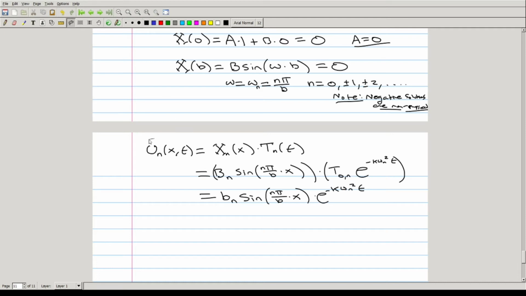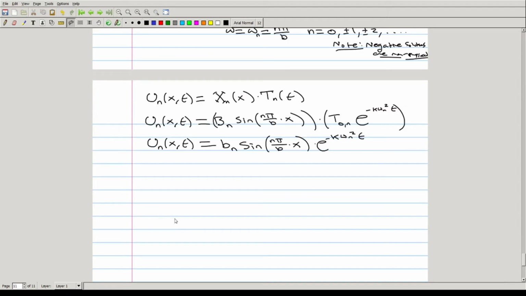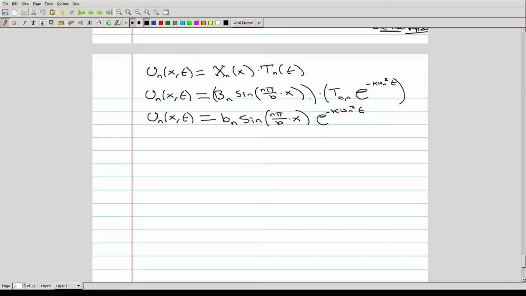And this is where the real magic happens. Because we have that this is satisfied for n from 1 up; at n equal to 0, this is 0.